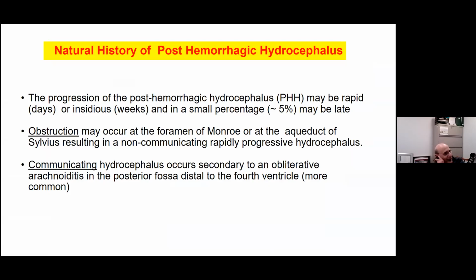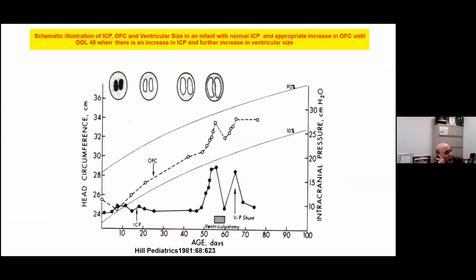You raise a lot of thoughts, but never can fully understand. If you have an obstruction at the foramen of Monro or aqueduct, it's a non-communicating, rapidly progressive hydrocephalus, and you've got to alleviate that. The communicating hydrocephalus, which occurs secondary to the obliterative arachnoiditis, is much more common.